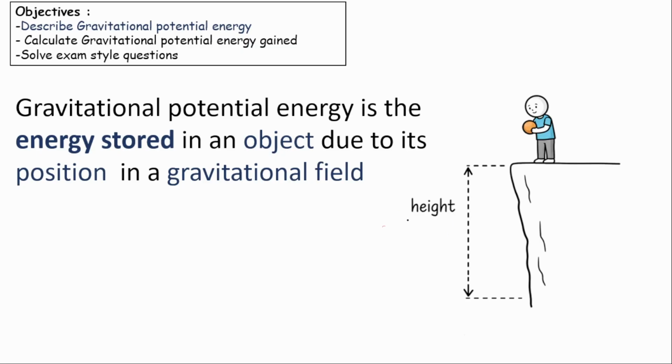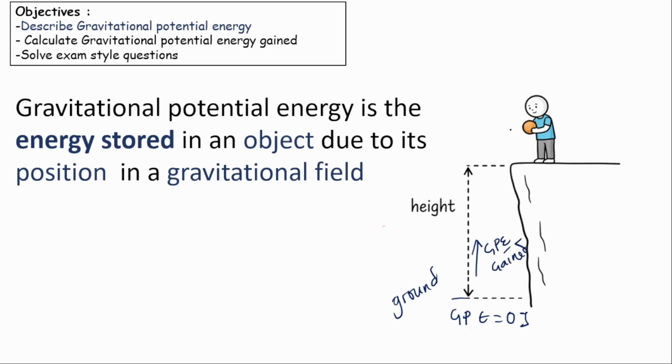In this diagram, the bottom represents the ground. At this point, we say the gravitational potential energy is 0 joules. As the object is raised, it gains gravitational potential energy.